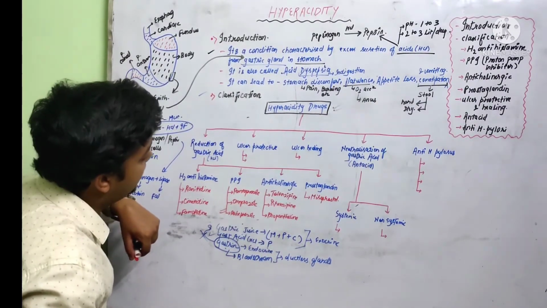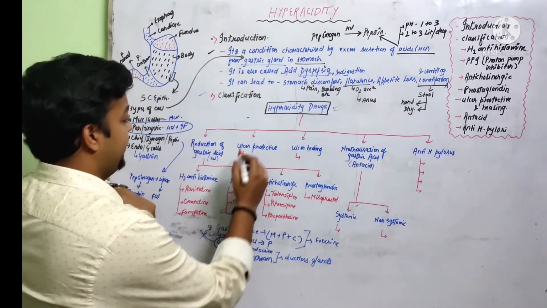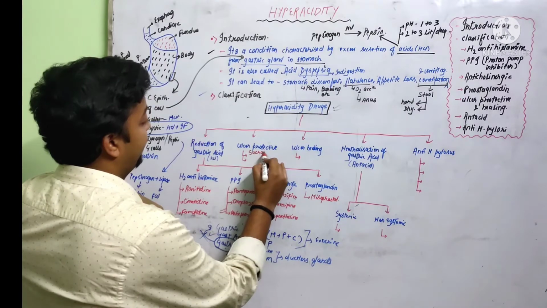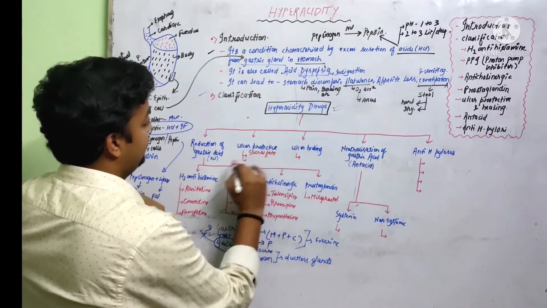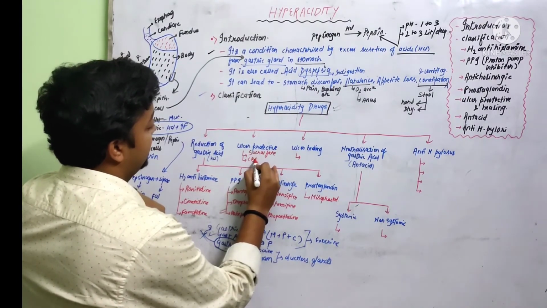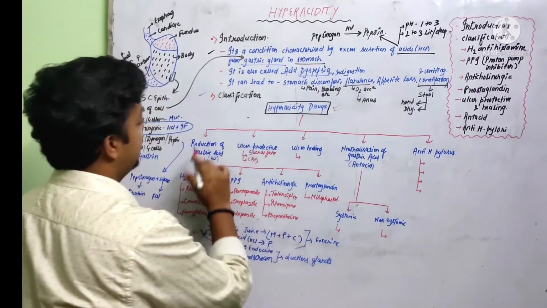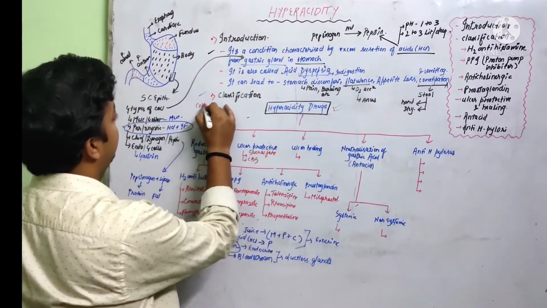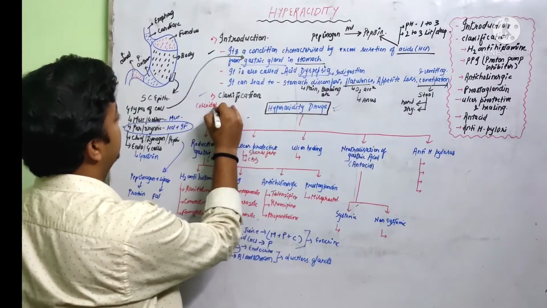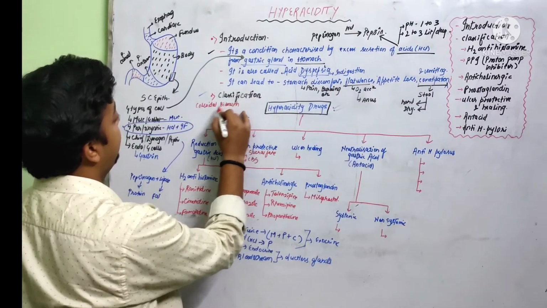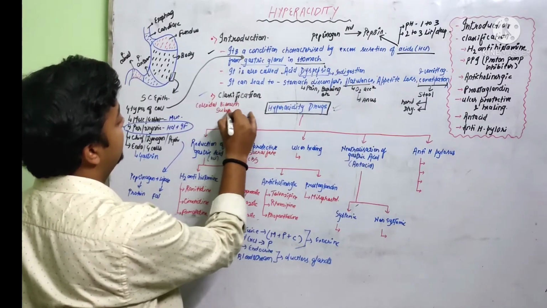So next we have the ulcer protective. So guys, in this we have the drug called sucralfate and CBS. So guys, CBS here stands for colloidal bismuth subcitrate.